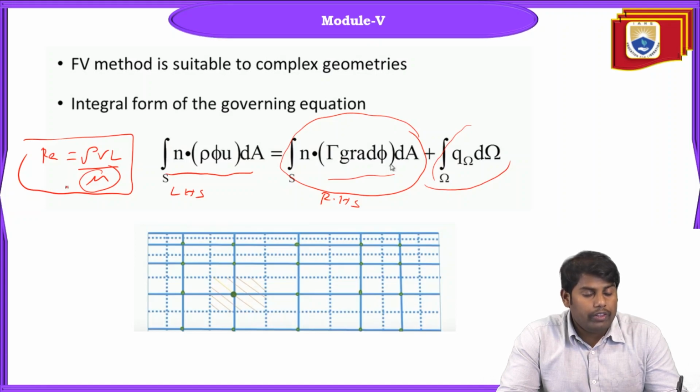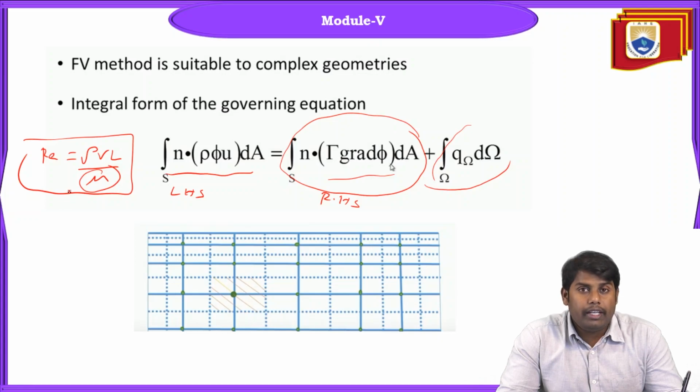When the Reynolds number is increasing, the viscosity effects and the diffusion terms will decrease. When the Reynolds number decreases, the viscous effects will increase, and the convection will decrease. For example, we can take honey.